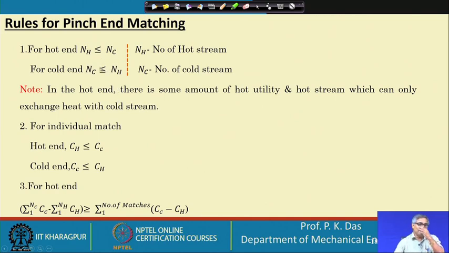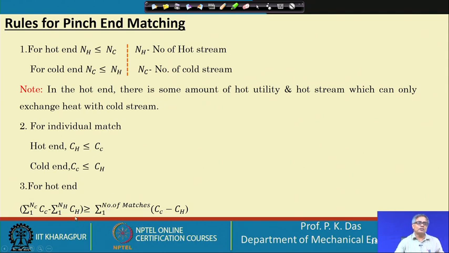For an individual match, extending the logic, CH, the heat capacity rate of the hot stream, should be less than or equal to the heat capacity rate of the cold stream, and at the cold end, CC should be less than CH.